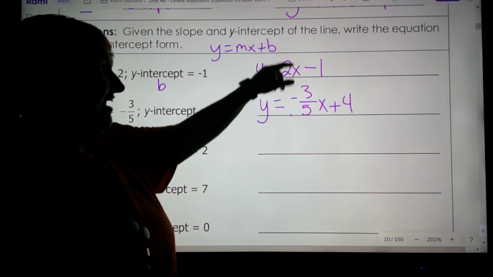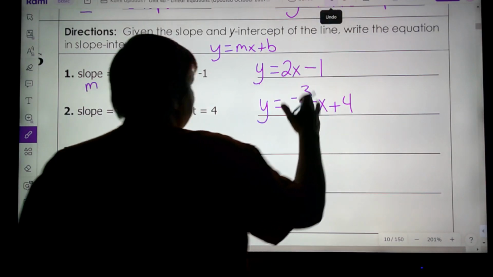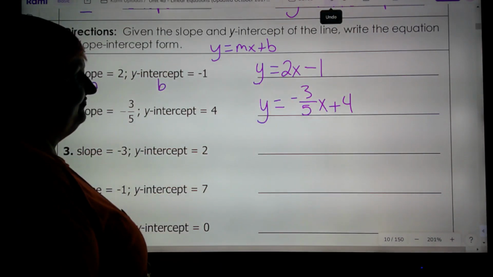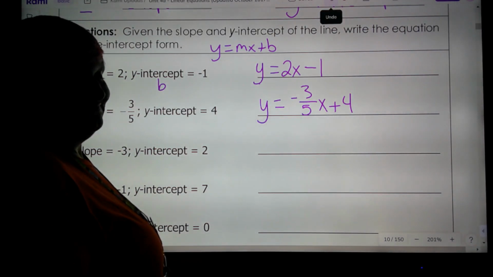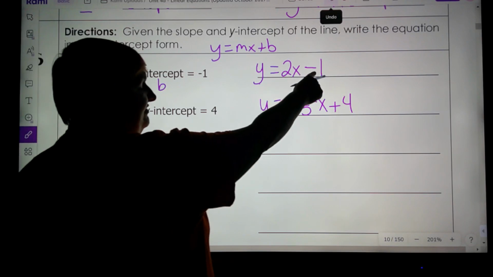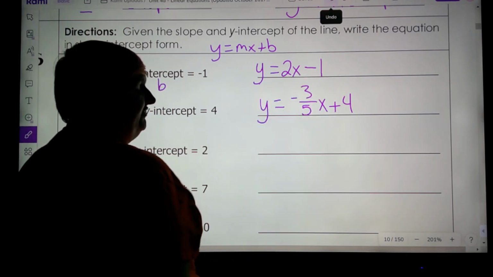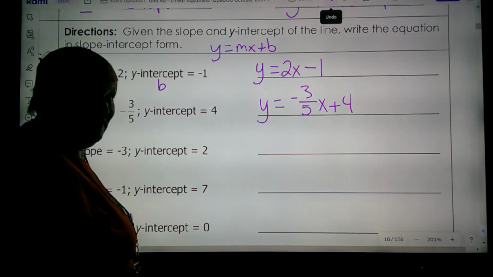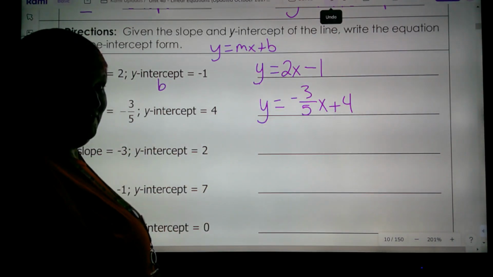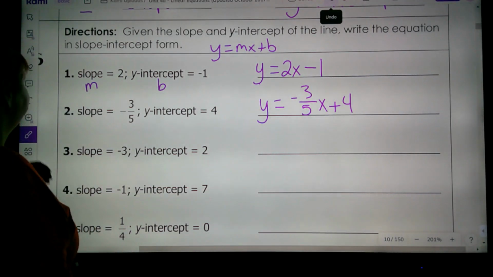That means it's going downhill. I can tell that just by looking at the equation. And because this is the y-intercept, I can tell you that it's going to cross the y-axis at -1, and this one's going to cross the y-axis at +4, just from looking at the equation. That's why it's called slope-intercept form.